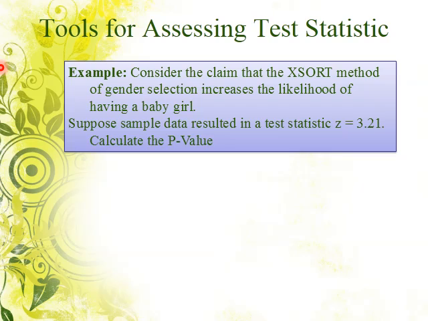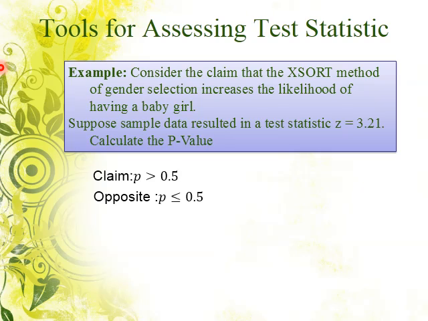So to do that, we first need to identify the claim, which in this case we're saying the XORT method increases the likelihood of having a baby girl. So our claim is that the proportion of girls is greater than 0.5. The opposite of that is p is less than or equal to 0.5.